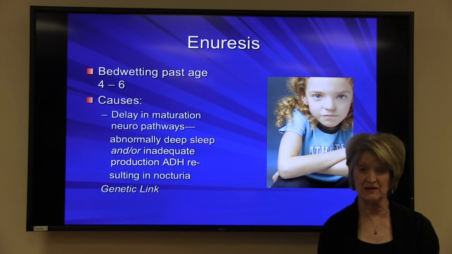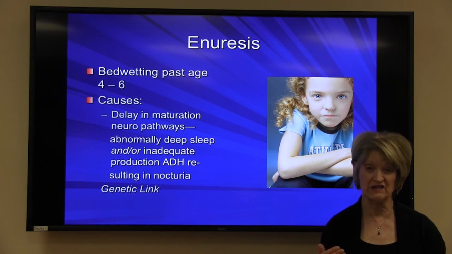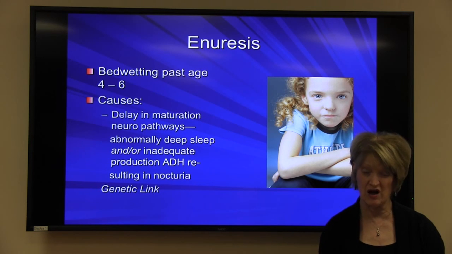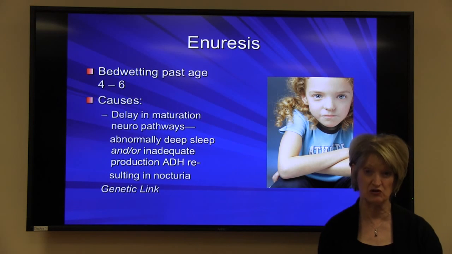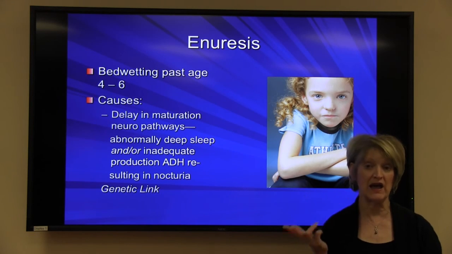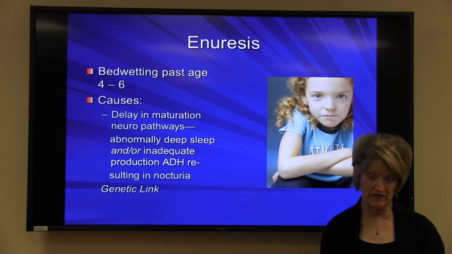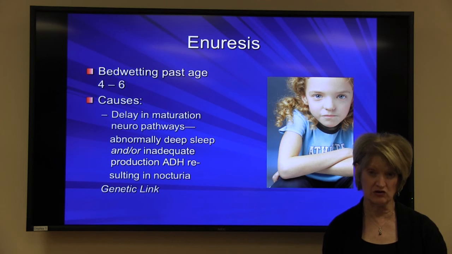There's also evidence that many of these children do not make normal amounts of ADH at night. They do not concentrate their urine normally, so they end up with high volumes of dilute urine. Some children have both deep sleep and the failure to wake to a full bladder and failure to concentrate.